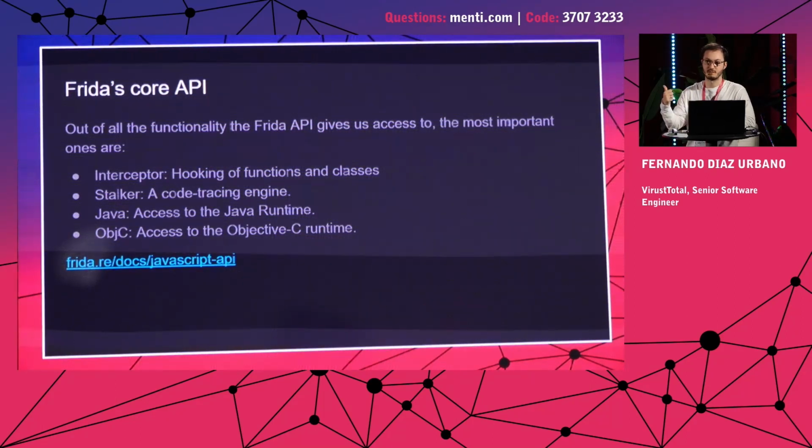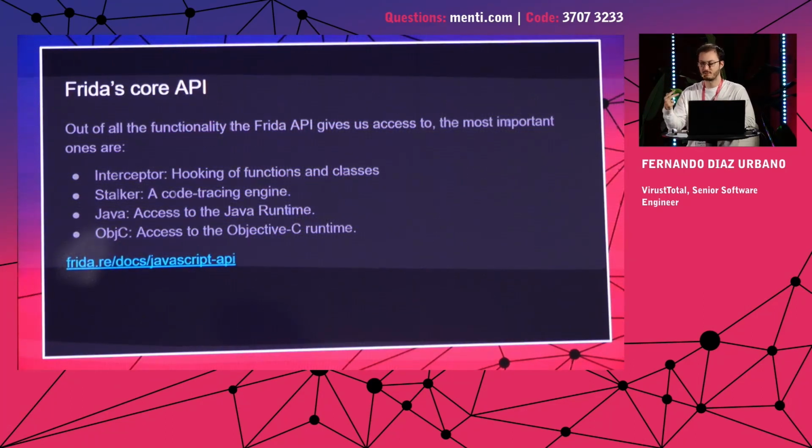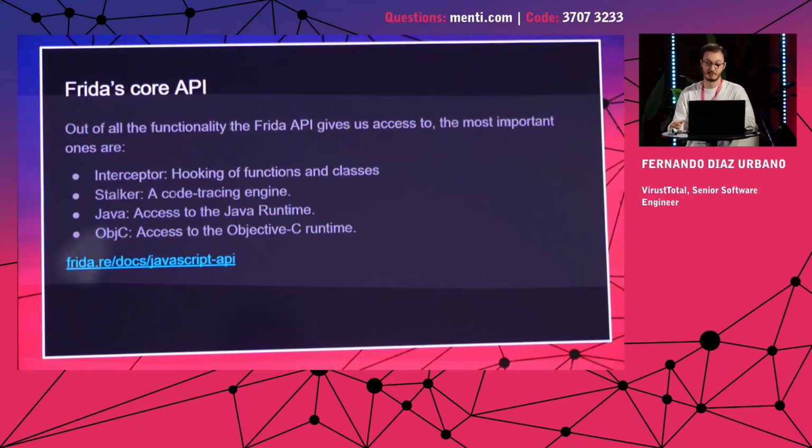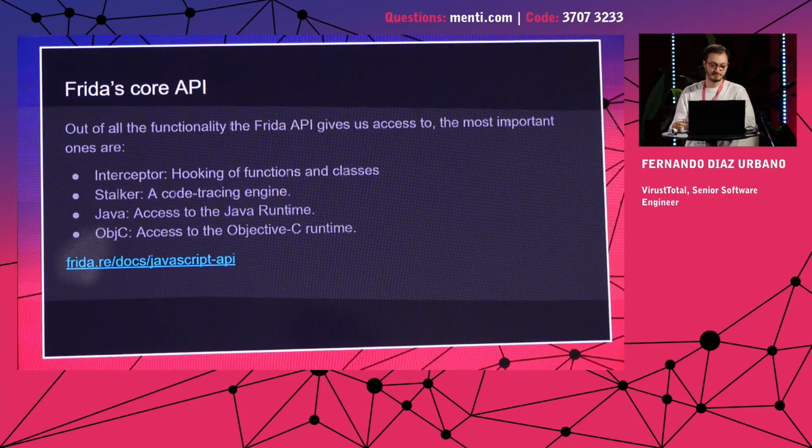You have the Stalker API, which is to trace the execution at the instruction level. And then you have two special APIs, which are limited to mobile systems: the Java API for the Android runtime, and Objective-C for iOS and macOS applications. So essentially, you gain access to Java classes, Java methods, etc.